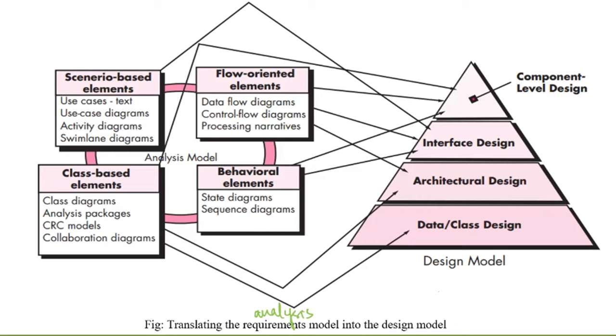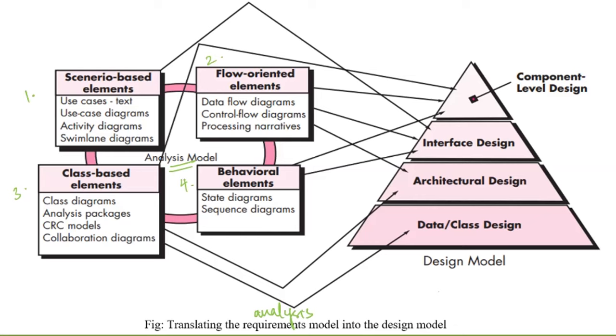Which of the different elements are going to act as input? Within this analysis model, we have studied four models: scenario based elements, flow oriented elements, class-based, and behavioral elements. These four are going to be input for your design model, and we'll see which particular design is going to focus on which particular model.